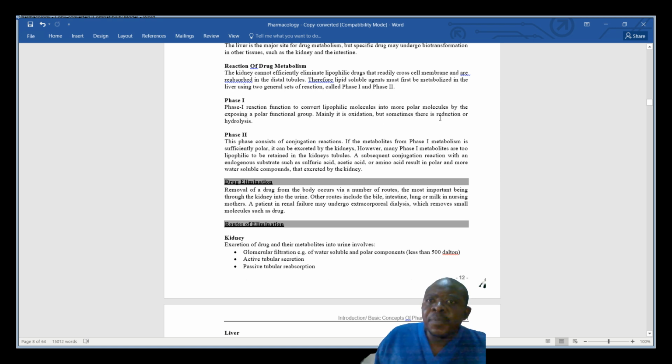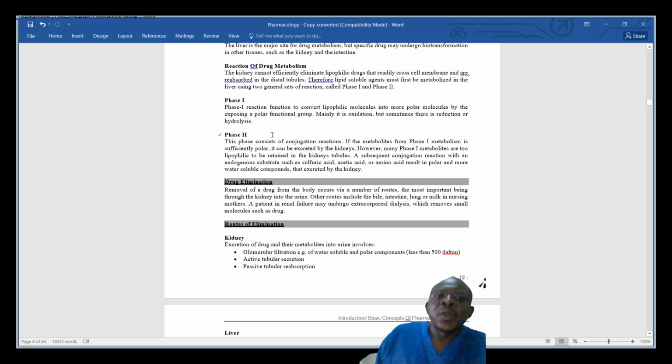But sometimes there is reduction or there can be hydrolysis, exposing the polar functional group.